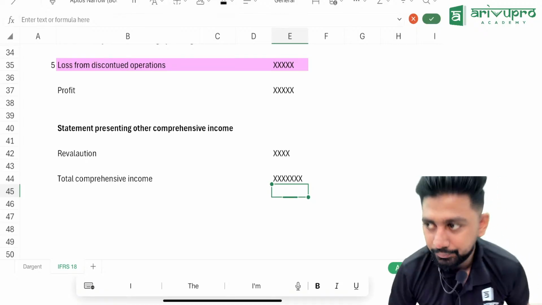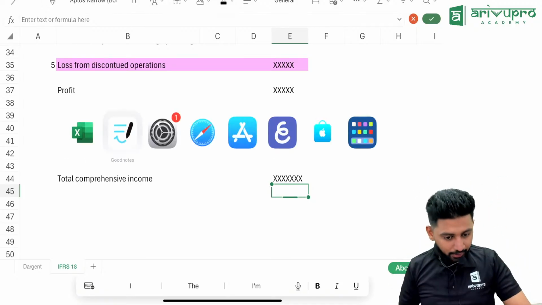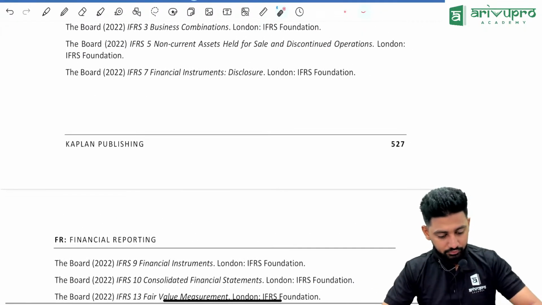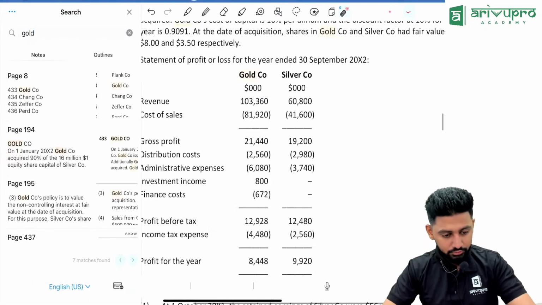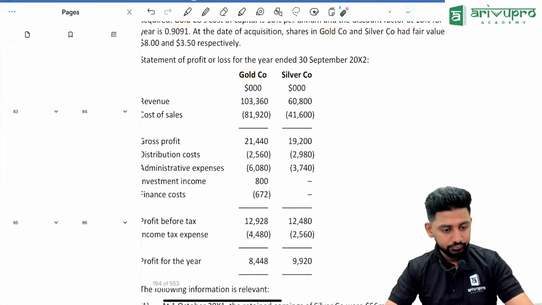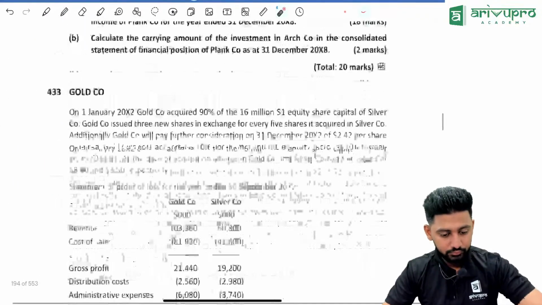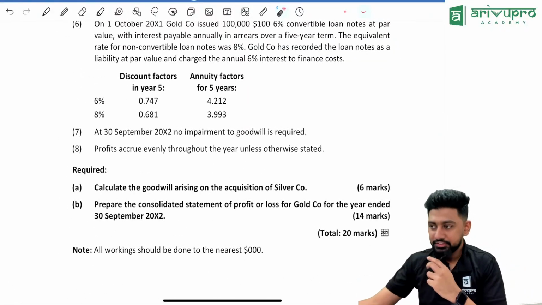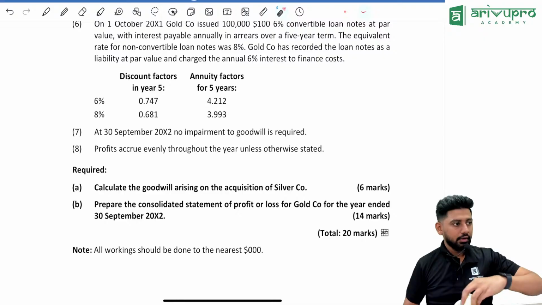Okay, super. Now going back to the question, we have Gold. We know the requirement: calculate goodwill and then prepare the statement of profit or loss.